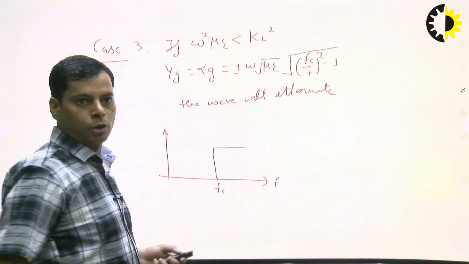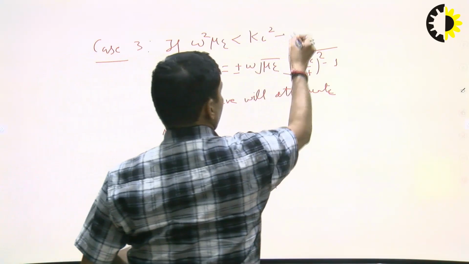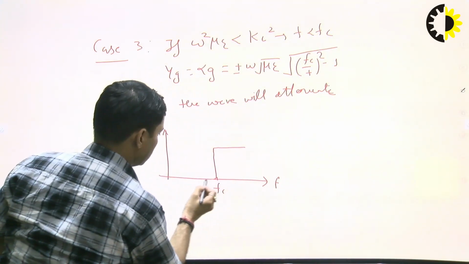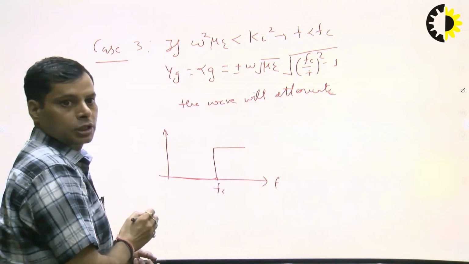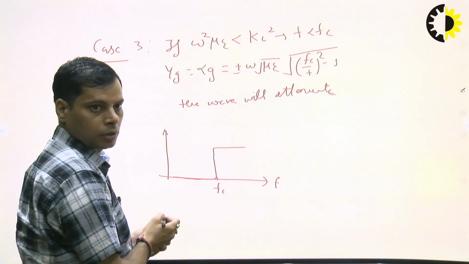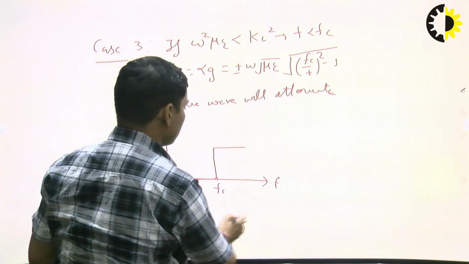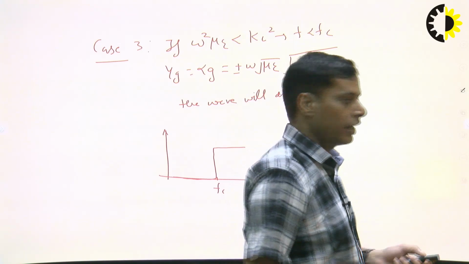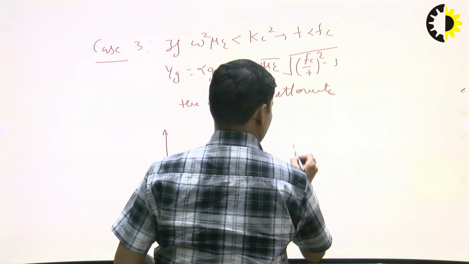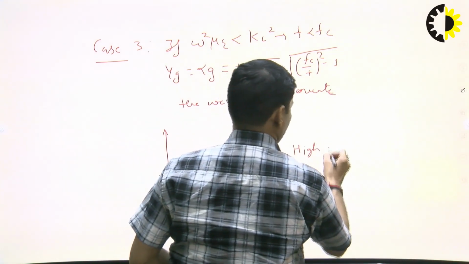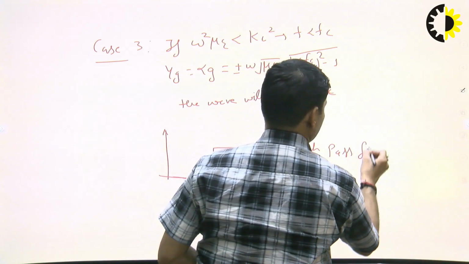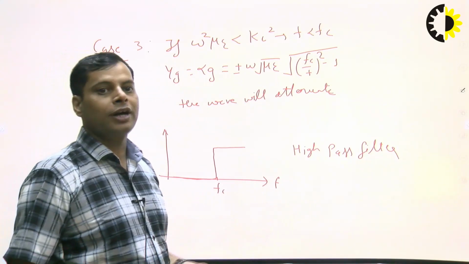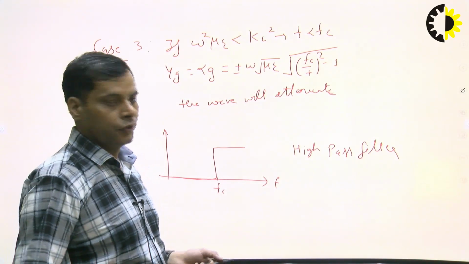But when f is less than fc, the wave will not propagate, that means it attenuates. So this graph shows the wave propagation inside the waveguide like a high pass filter. We can also conclude that the waveguide acts as a high pass filter.